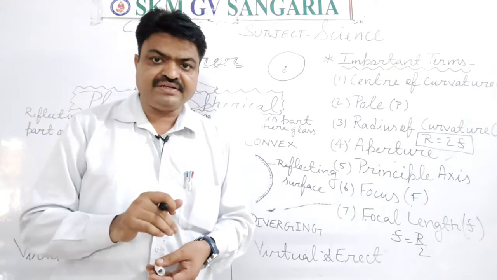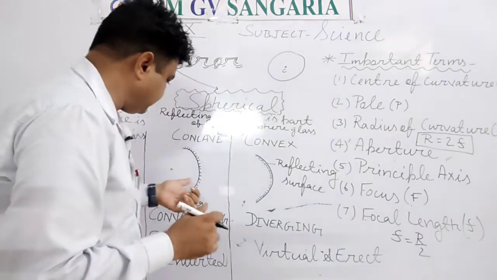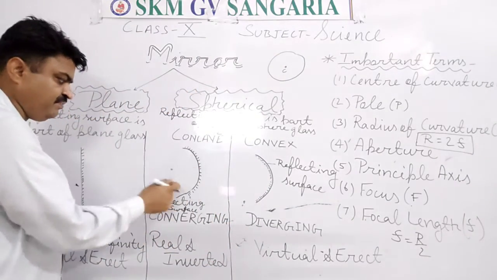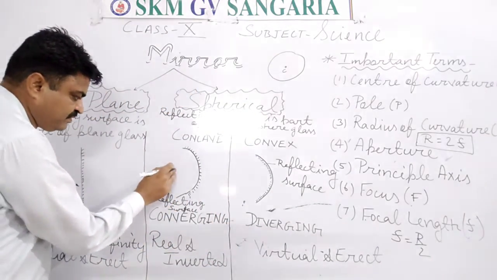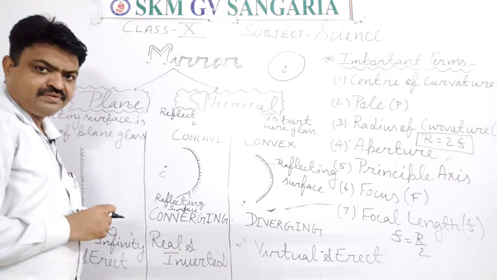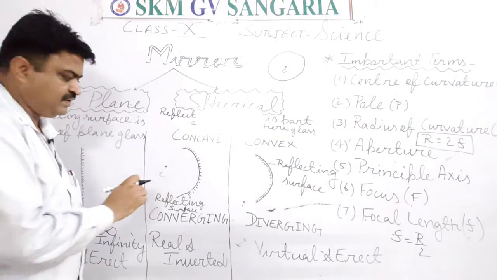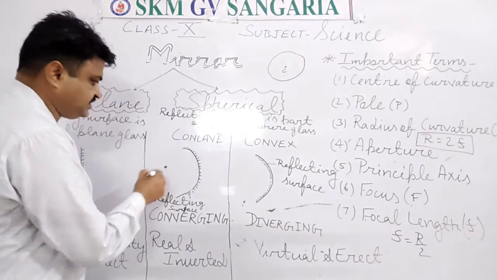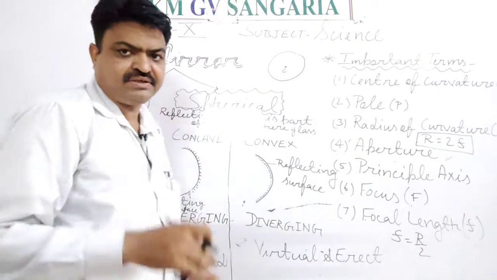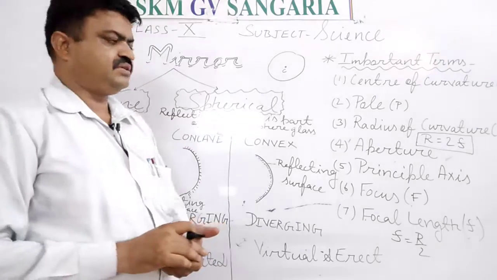Like this point in a concave mirror, it can be considered the center of curvature because it is the center point of the hollow sphere, and it is symbolized by capital C.